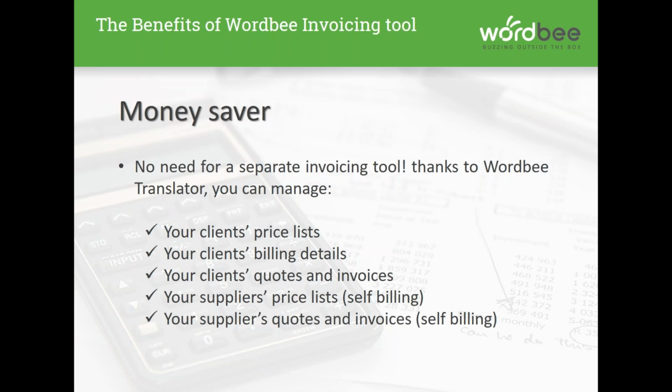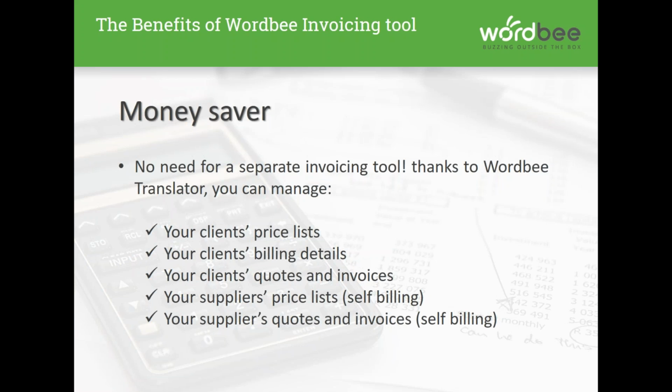You can also manage your supplier's price list for self-billing. So the idea in Wordbee Translator is that you can easily enter in your platform the negotiated prices you have with your suppliers, so that whenever you create a project, the system can automatically show you how much you will pay the supplier, because the system is based on the word count of the job and also on the prices you have entered for your supplier.